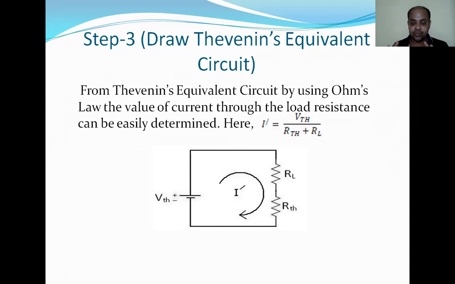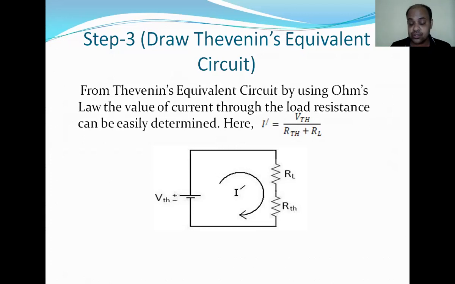So this type of circuit diagram is called the Thevenin equivalent circuit, where the voltage source is the Thevenin voltage, the resistance is the Thevenin resistance, and we have to reconnect the load resistance in the circuit.